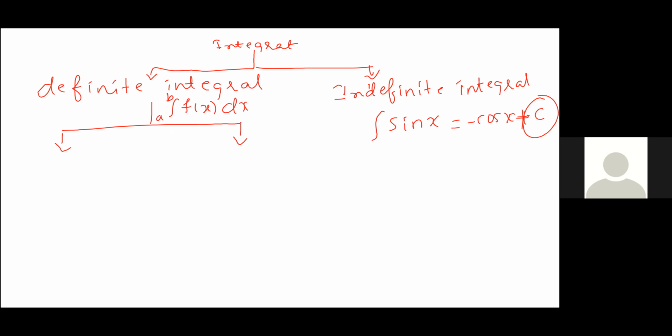Further, these definite integrals are classified into proper definite integral and improper definite integral. So what's a proper definite integral? When do we say that the definite integral is proper?